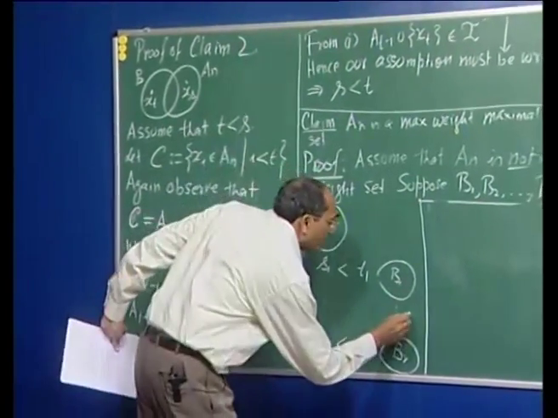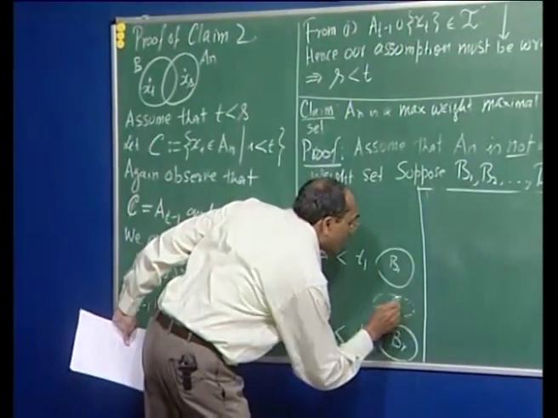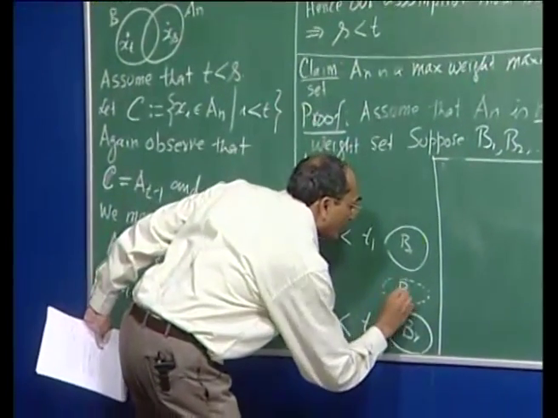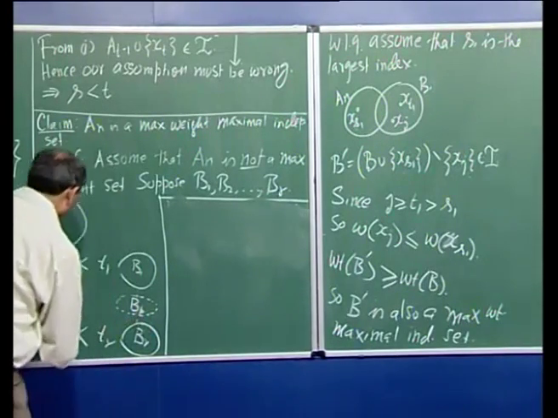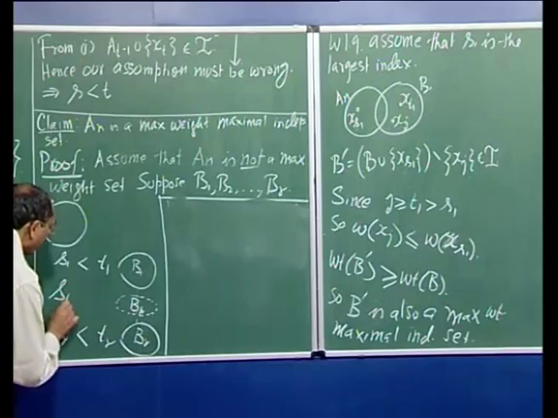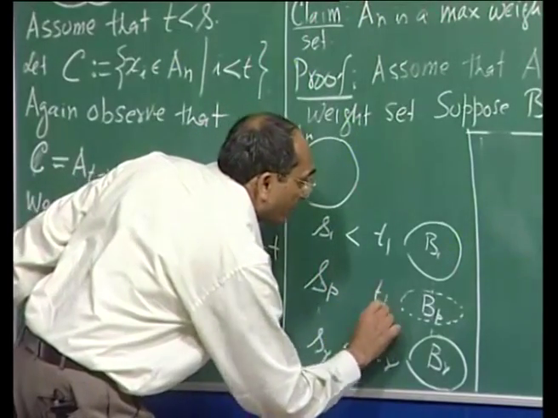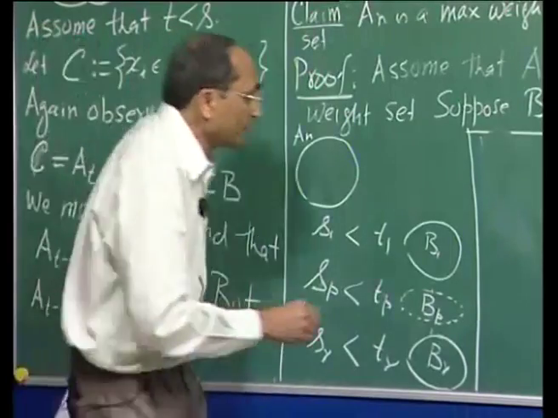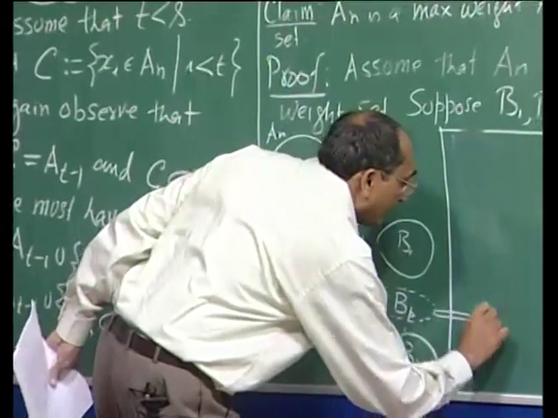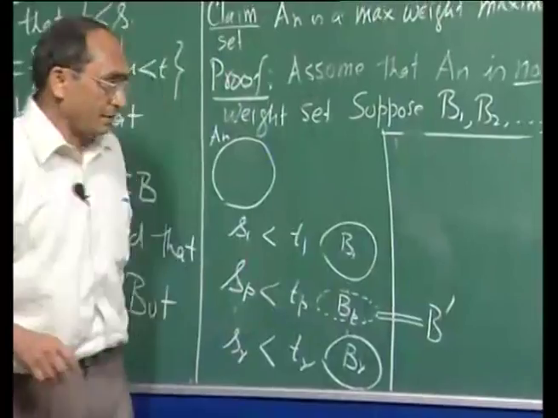So, let me just plug in one set here, call it Bp. We have Sp here, we have Tp here, and of course, that inequality holds, and let this be same as our B prime that we have calculated.